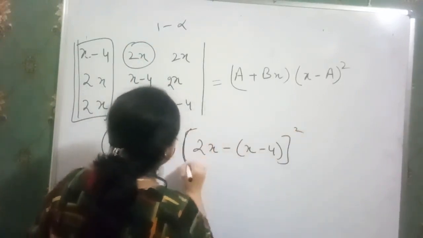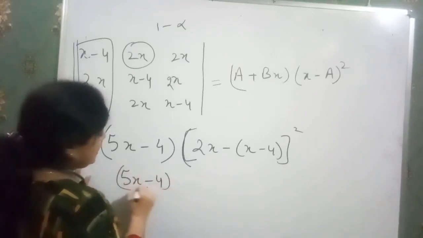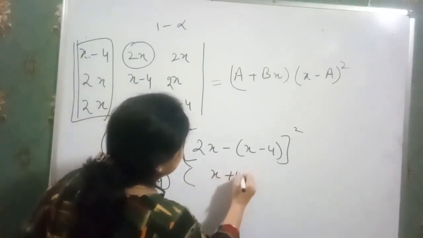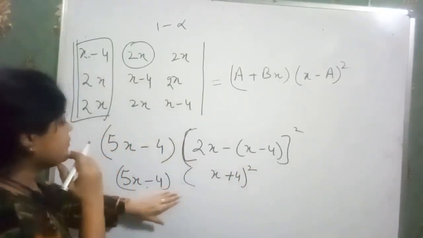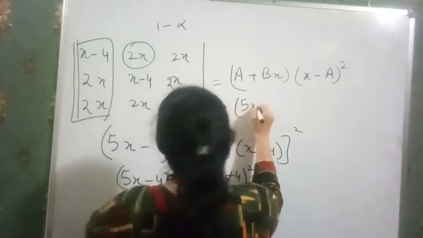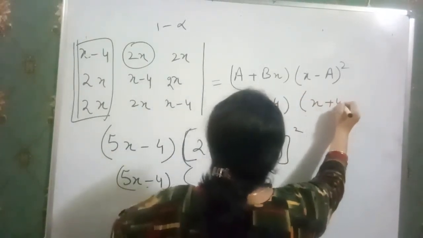Clear? So we have 5x minus 4, and in another bracket we have x plus 4 whole square. Now compare this and this. We have 5x minus 4, and here we have x plus 4 whole square.